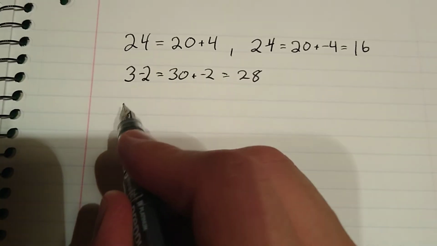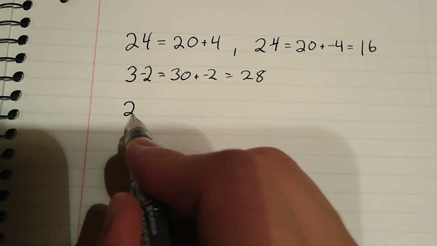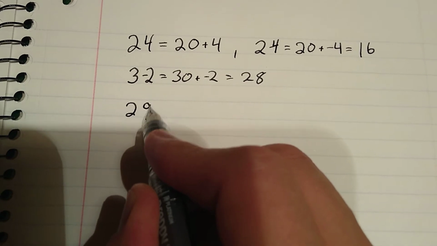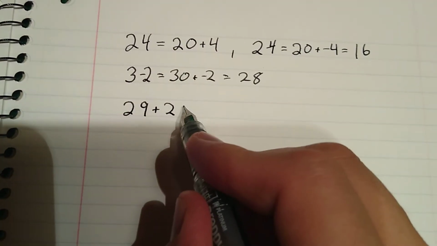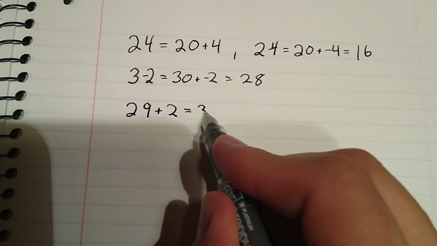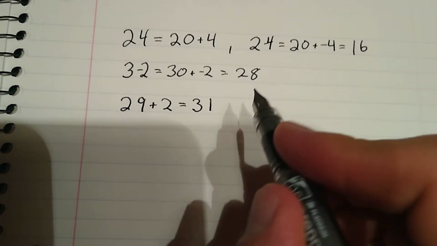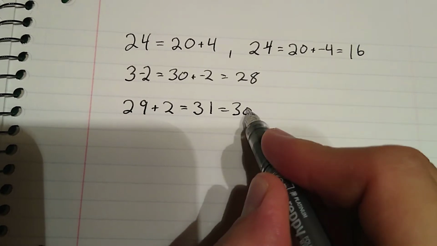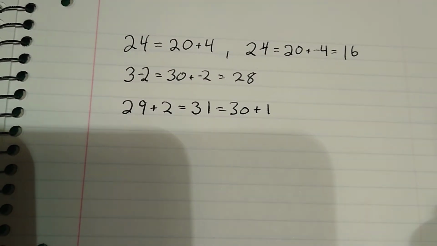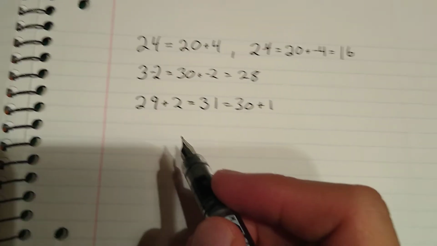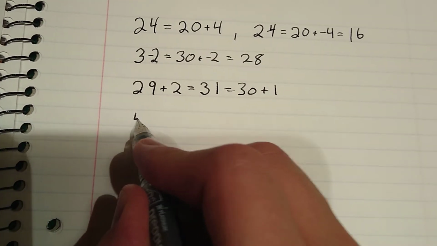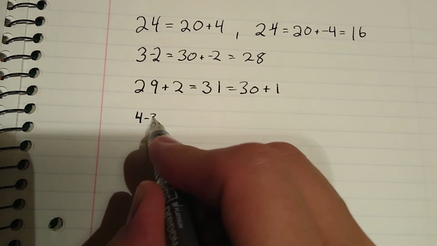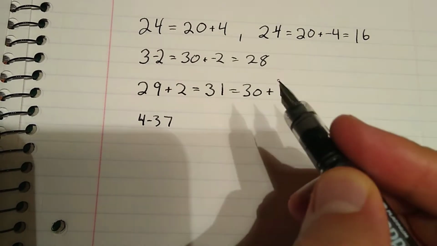So here's some other ones. Here we have 29 plus 2. No subtraction or negatives needed. That becomes 31, right? Because that's 30 plus 1. Nice. Well, let's look over here. What if we had more digits? What if we had 400 negative 37?